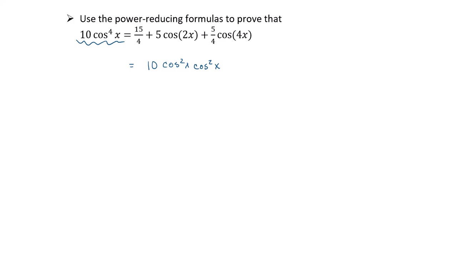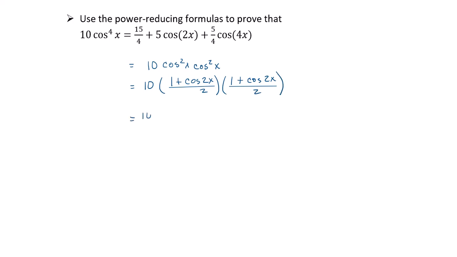That makes our 10 cosine fourth x. This is going to be 10 times 1 plus cosine 2x over 2 and 1 plus cosine 2x over 2.